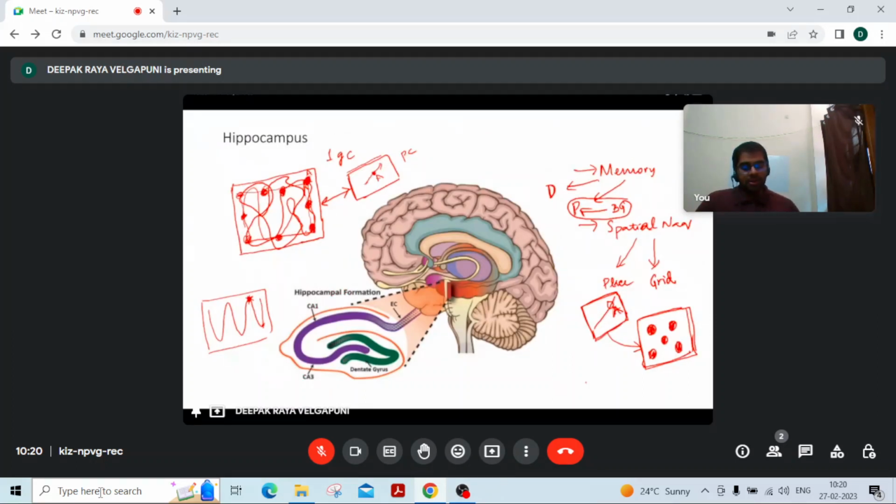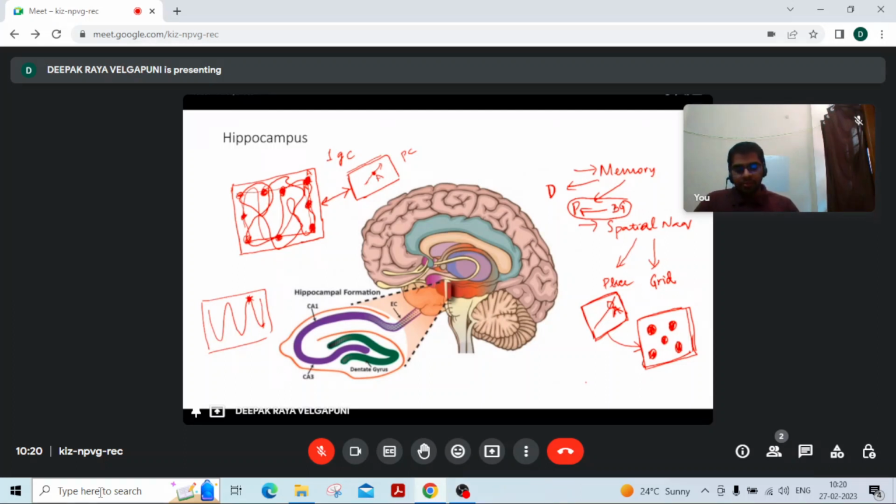Coming to hippocampus, which is mainly involved in memory. Especially, hippocampus has a few cells which help in navigating space, called place cells and grid cells.